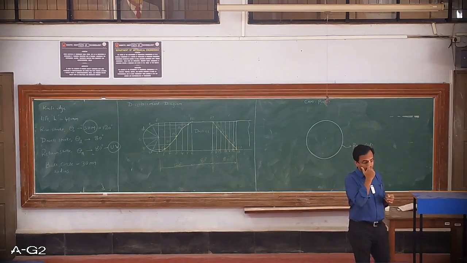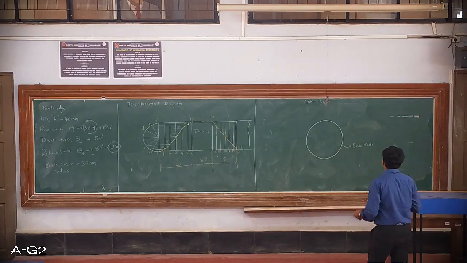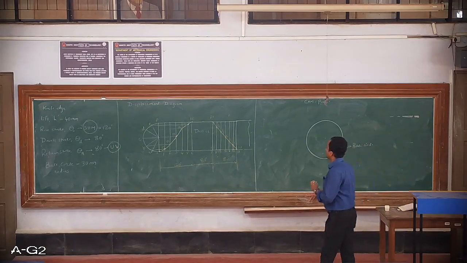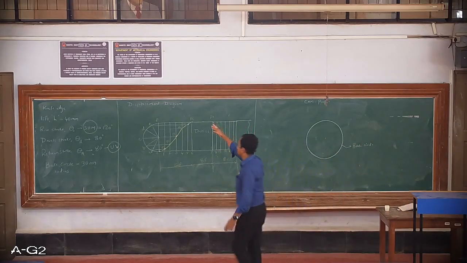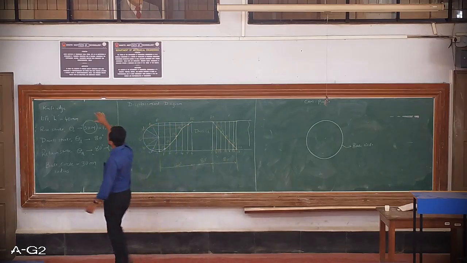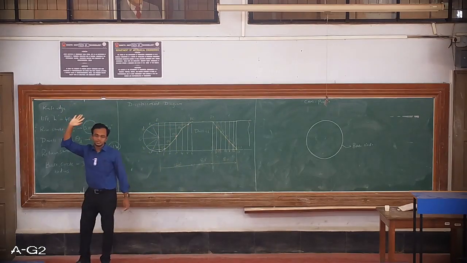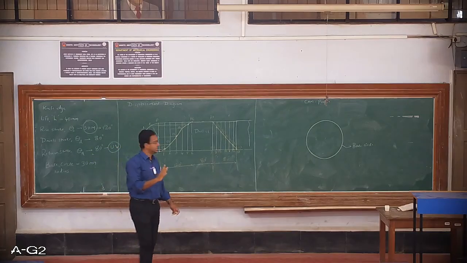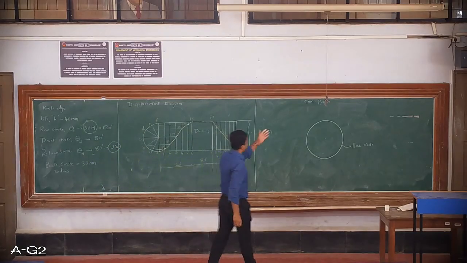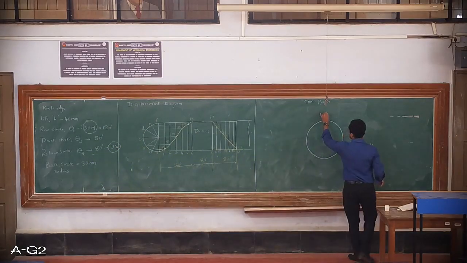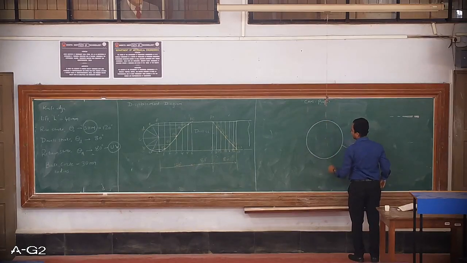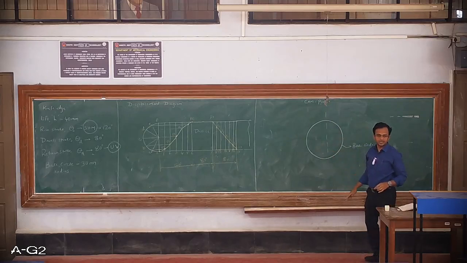Now the next question comes: the follower given to us is a knife edge, so I know the type of follower, but is the axis of this follower in line with the axis of the cam? This is the axis of the cam.